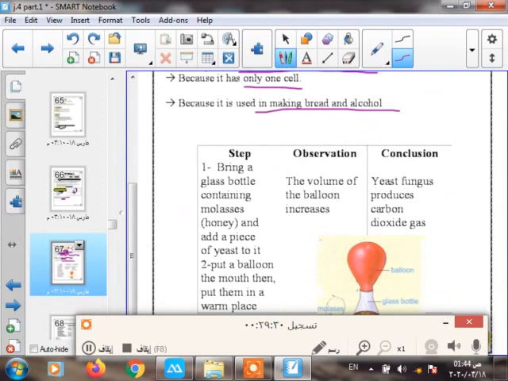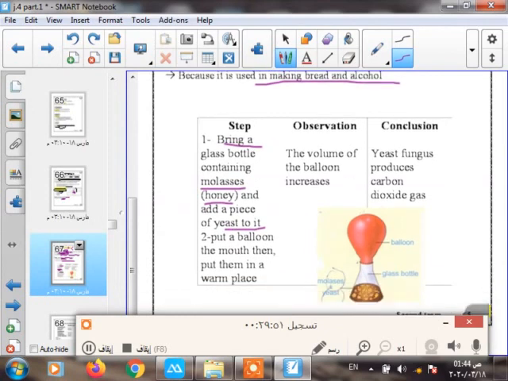We have an activity for the economic importance of yeast fungus. Bring a glass bottle containing molasses honey and add a piece of yeast fungus to it. Then put a balloon on the top of the bottle.